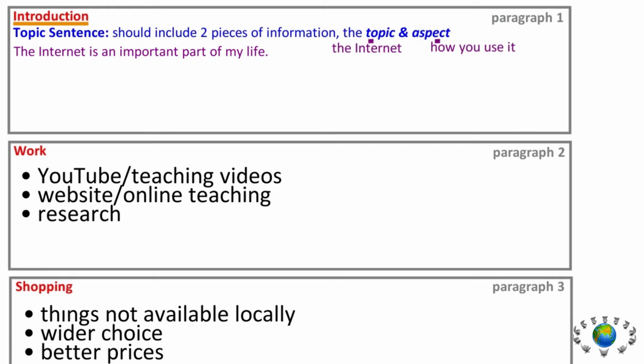Let's go back to my topic sentence, which is the internet is an important part of my life. That's one sentence. Okay, let's think now about how many sentences we need for each paragraph. When you're doing a writing in an exam situation, you probably want to have, we could say, 3 or 4 sentences for your first paragraph.